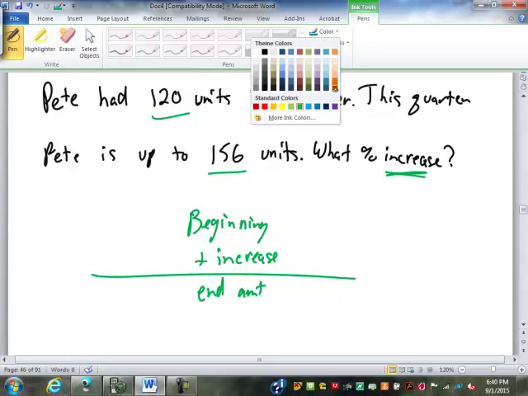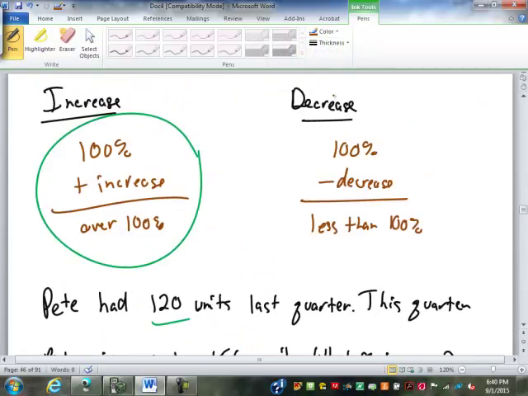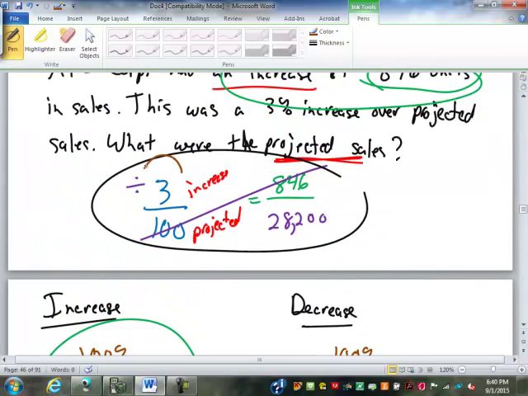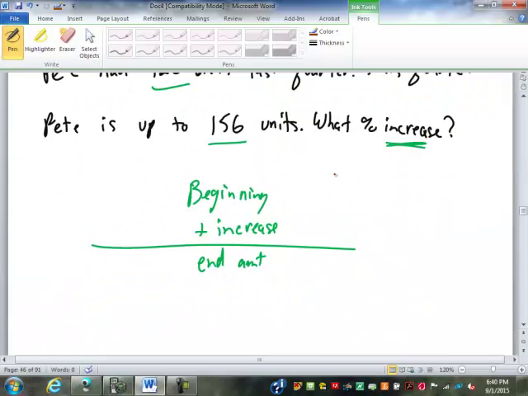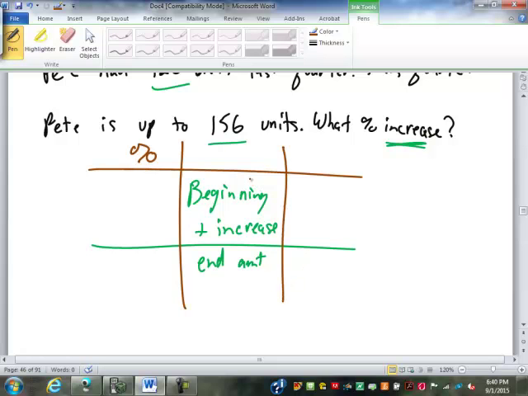And in any sort of percent problem, as we saw up here with these other ones, on one side we have the percents, but each item is described not only by the percents, but also by another number, either dollar amount or just a pure amount or whatever. So the same thing is going to go down here. Each of these numbers, the beginning amount, the increase, and the ending amount, are going to be represented by the percents, but also by some other number. In this case, it's the number of units.